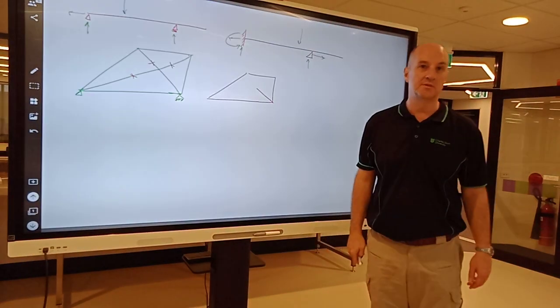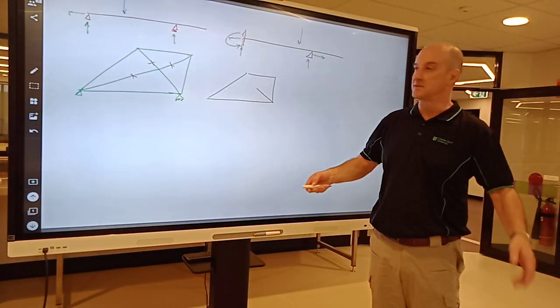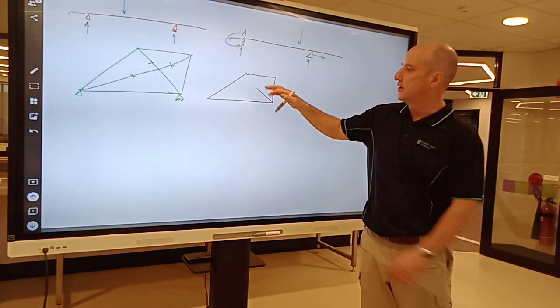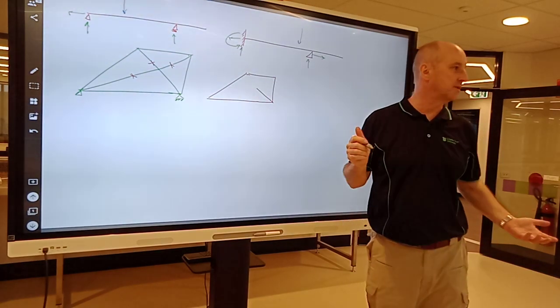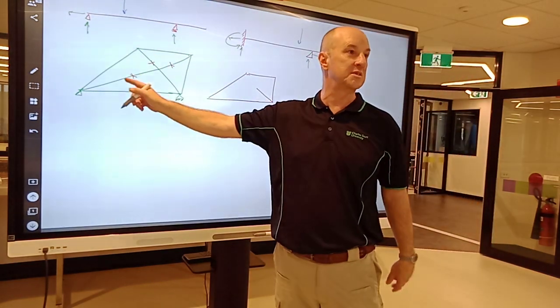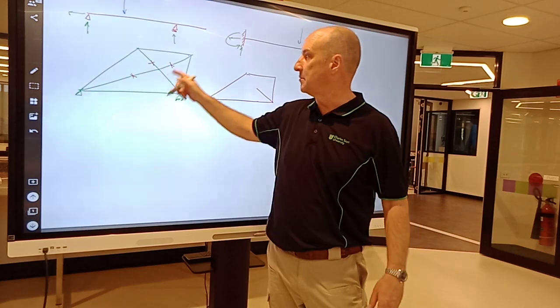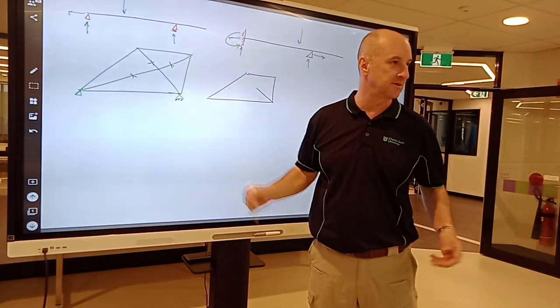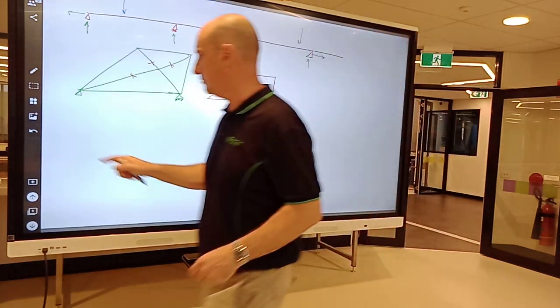Is that stable or unstable? That's unstable. You've got to the point where that thing just falls over, because it's not a triangle anymore, it can collapse into a different shape. That's when it becomes statically indeterminate. So you can say that's got a level of indeterminacy of 3, because that's how many members you have to take out, or level 2. If you take out any 2 members, the thing will collapse. Okay. All right.